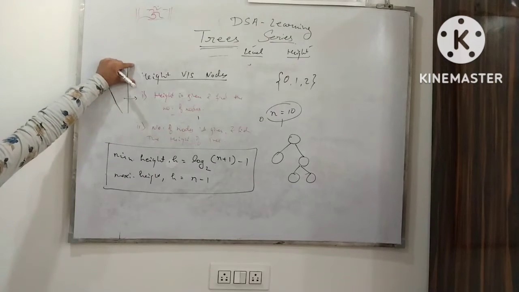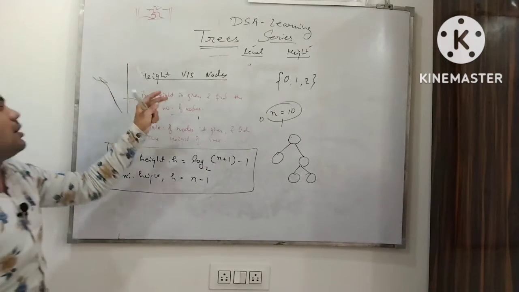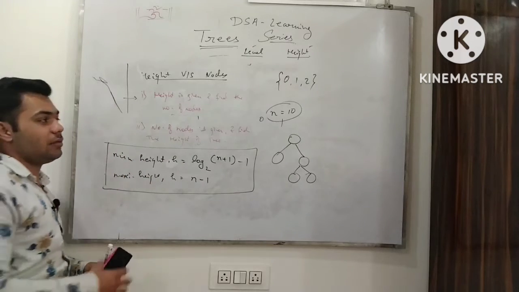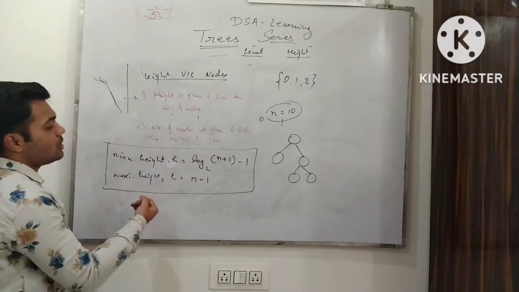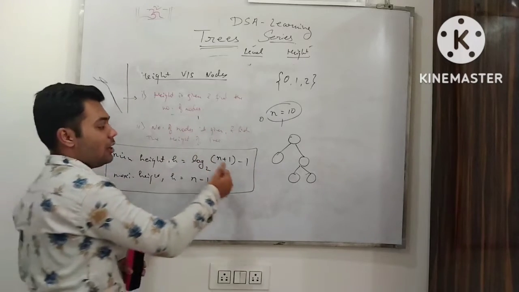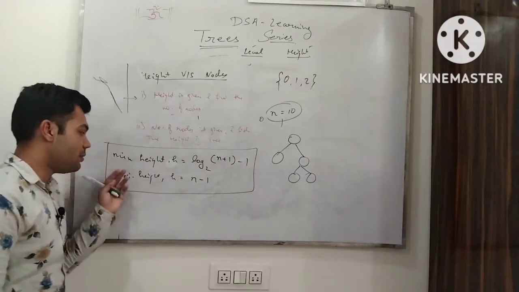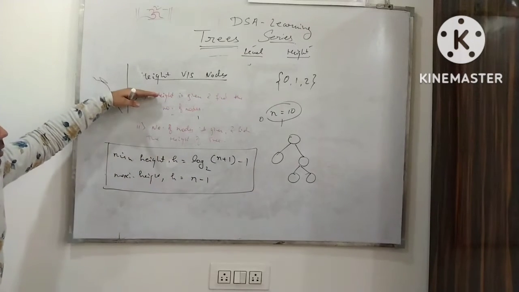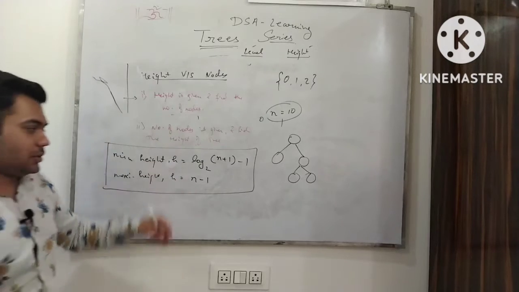We have learned two cases. When the height is given, how we can find the number of nodes in a tree, and in the second case, when the number of nodes is given, how to find the height of the tree, along with the formulas for the minimum and maximum height, and the minimum and maximum number of nodes.